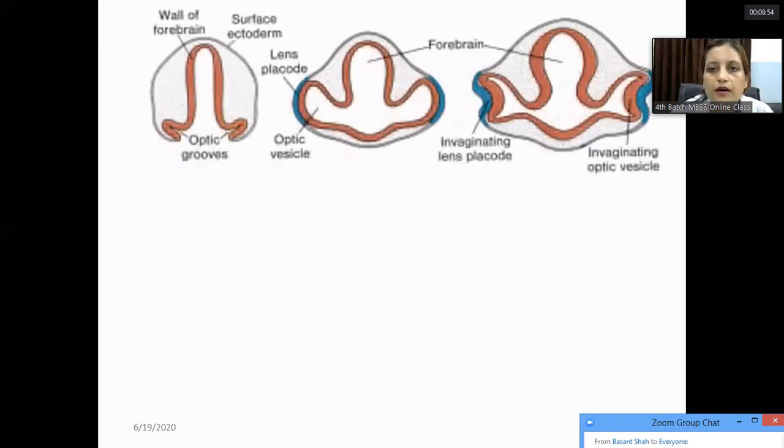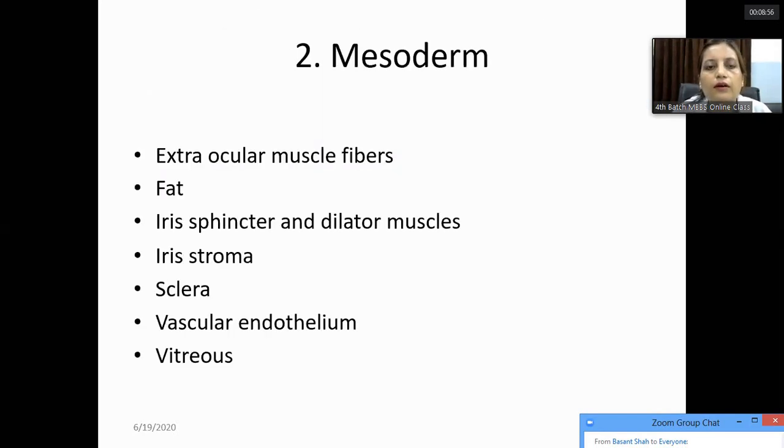From the mesoderm, the structures that develop are extraocular muscle fibers, fat, iris sphincter and dilator muscles, iris stroma, sclera, vascular endothelium, and vitreous.